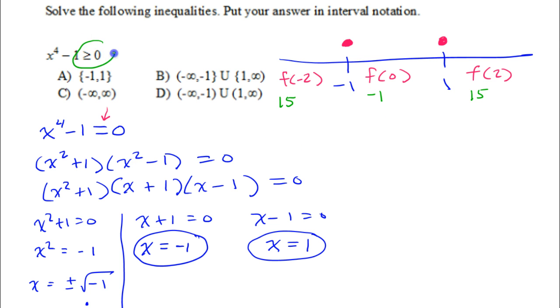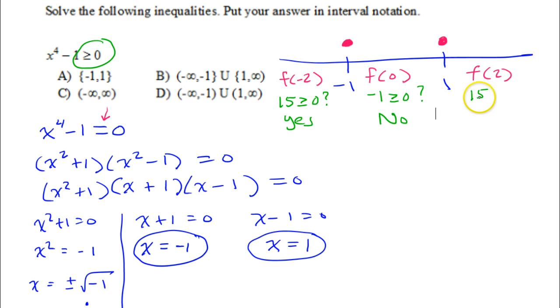Now, the question is, is the function greater than or equal to 0? So is 15 greater than or equal to 0? Well, yes it is. What about negative 1? Is that greater than or equal to 0? No, negative numbers are all less than 0.